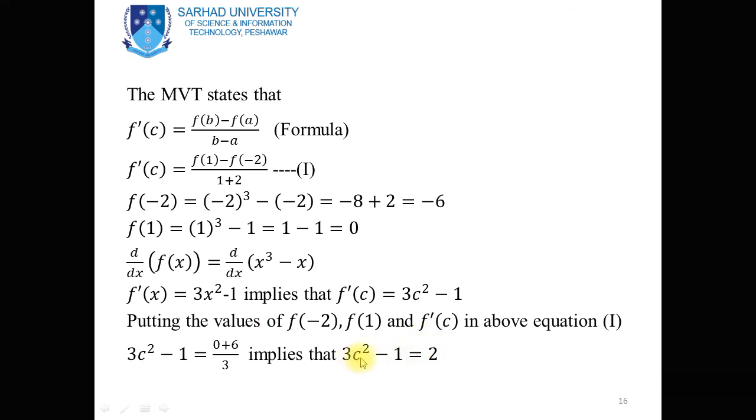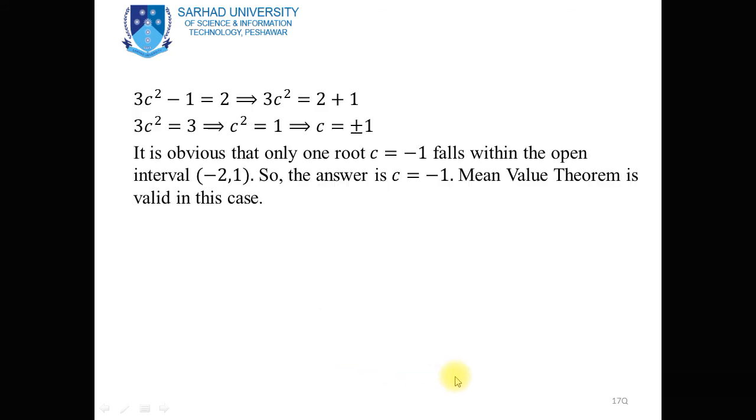Now we can write 3c square is equal to 2 plus 1. So 3c square is equal to 3, dividing both sides by 3 we obtain c square is equal to 1. So c is equal to plus minus 1.